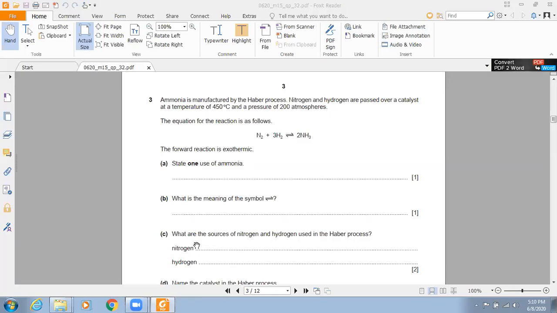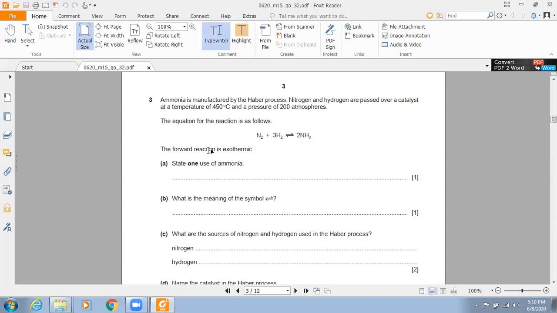So nitrogen is obtained from air or atmosphere, right? Okay, what about hydrogen? Hydrogen is obtained from the reaction of methane and steam. You can simply write methane, water, steam, alkane, anything.